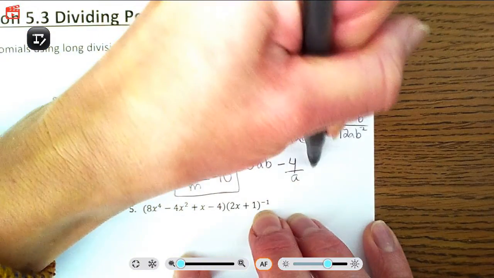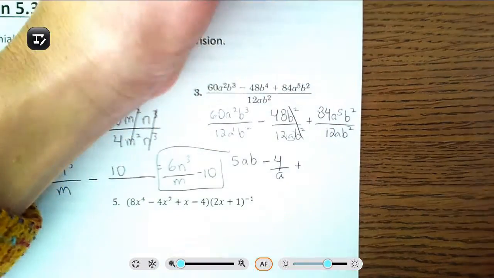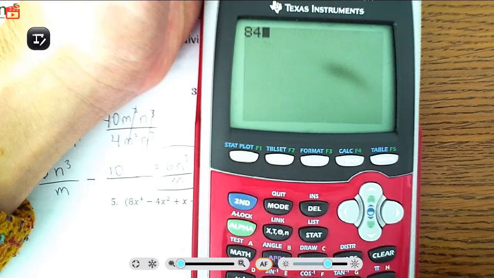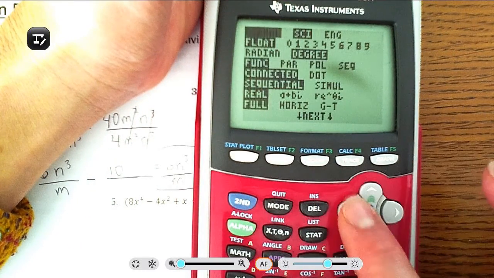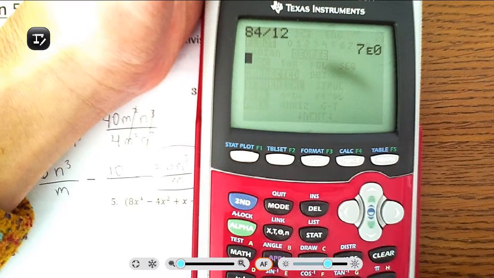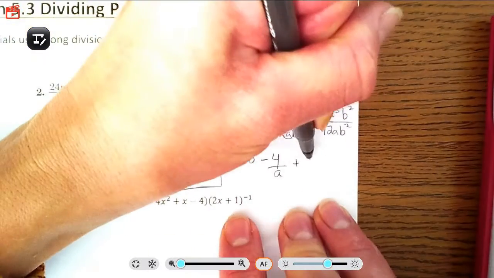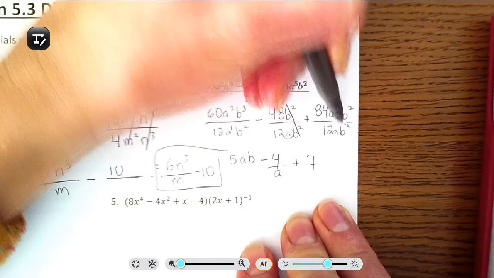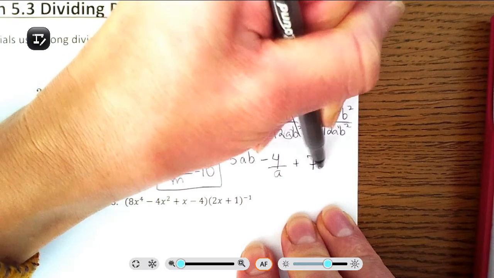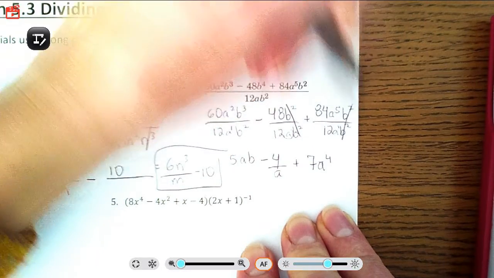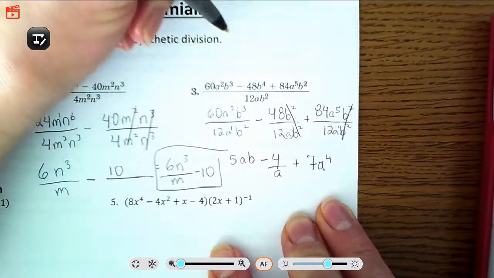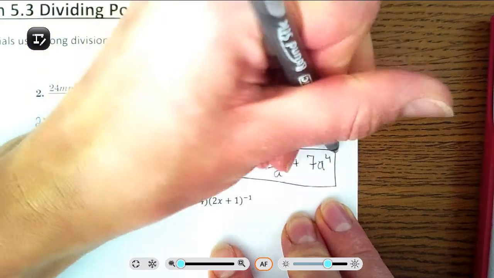And then plus, and 84 divided by 12 is just 7. And then 5 minus 1 is a to the fourth, and b squared over b squared goes away. So that would be the answer to that one.